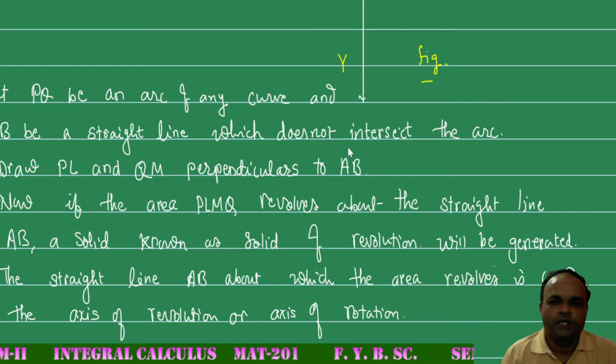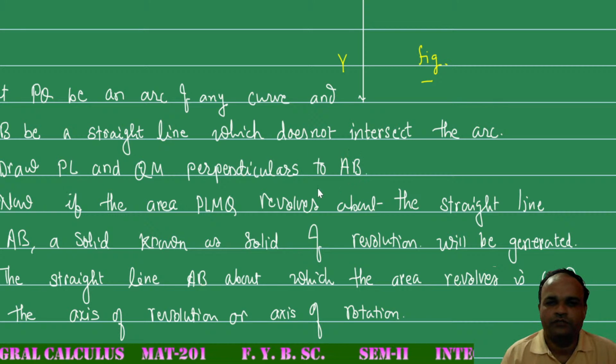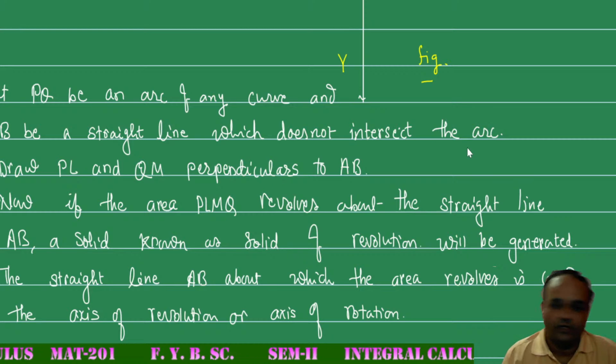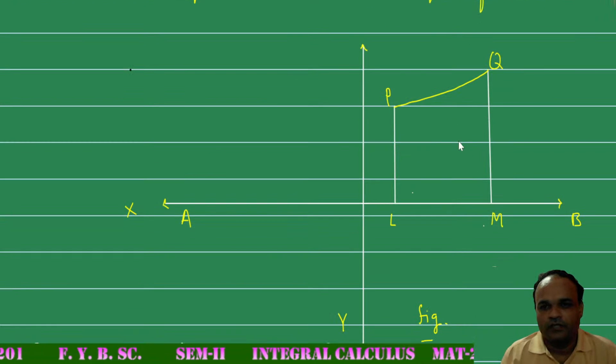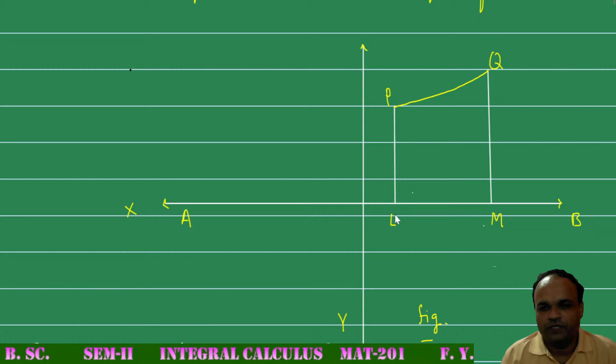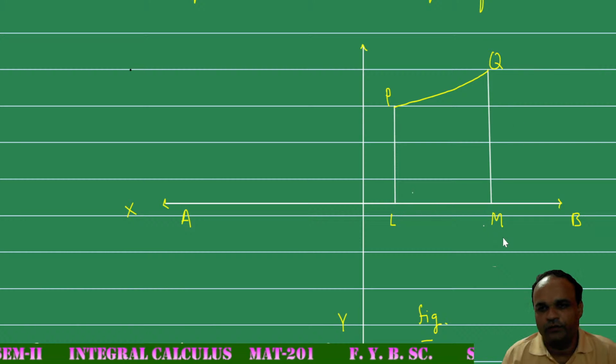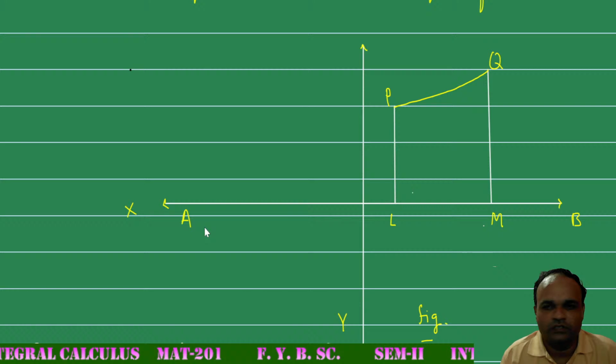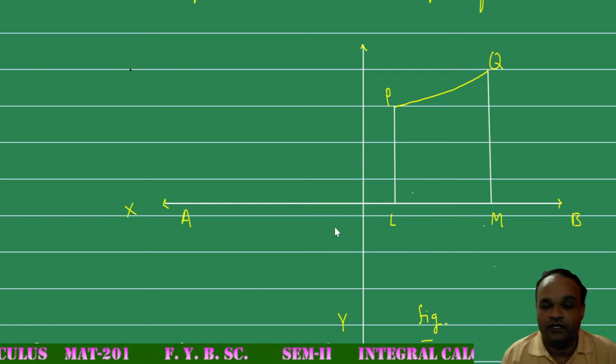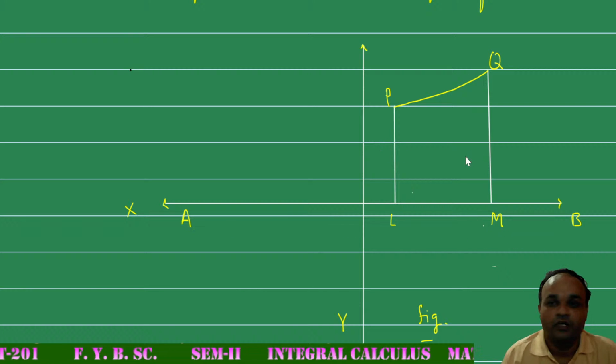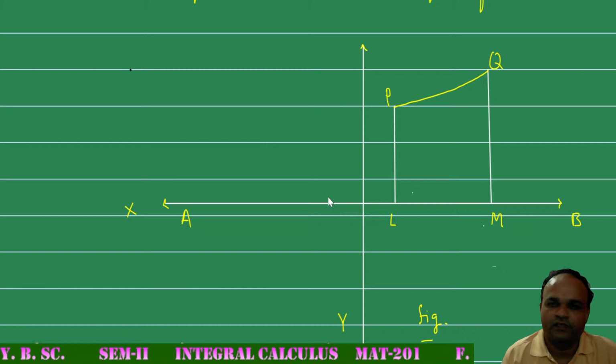Draw PL and QM perpendiculars to AB, or you can consider the line LM. Actually, it is the x-axis and this is the y-axis.